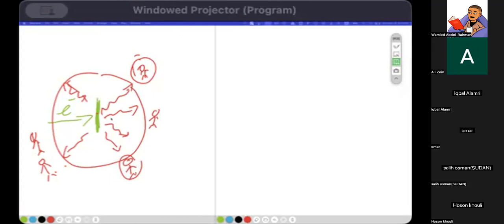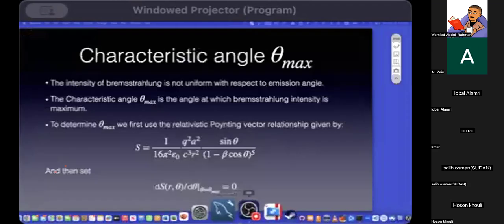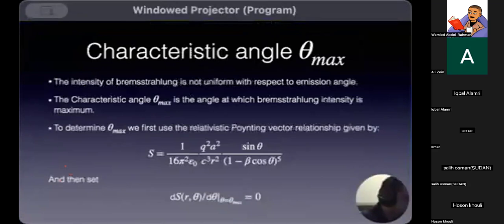So this criterion is what we want to determine, this characteristic angle theta max. This characteristic angle theta max is the angle at which Bremsstrahlung intensity is maximum.